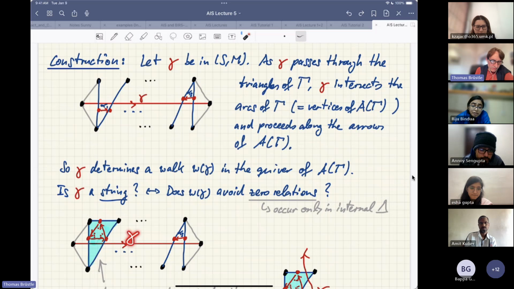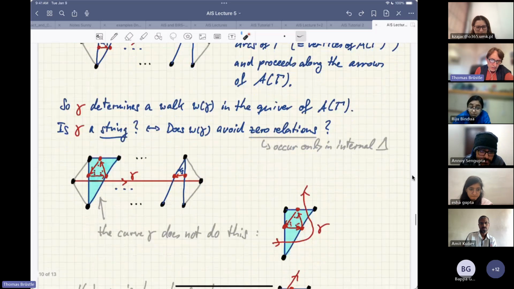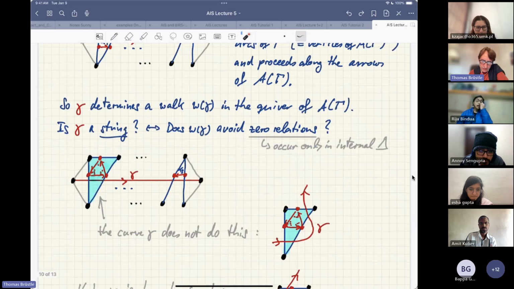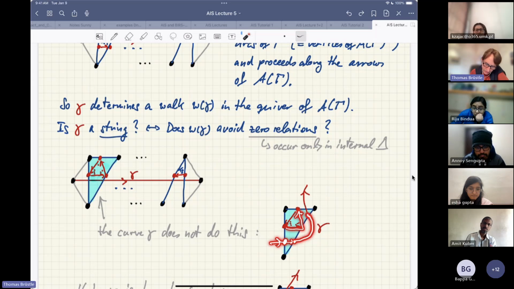My curve gamma would enter a triangle. I hit this arrow alpha, and then I want to continue along the zero relation. That means I would continue in the triangle on this side.